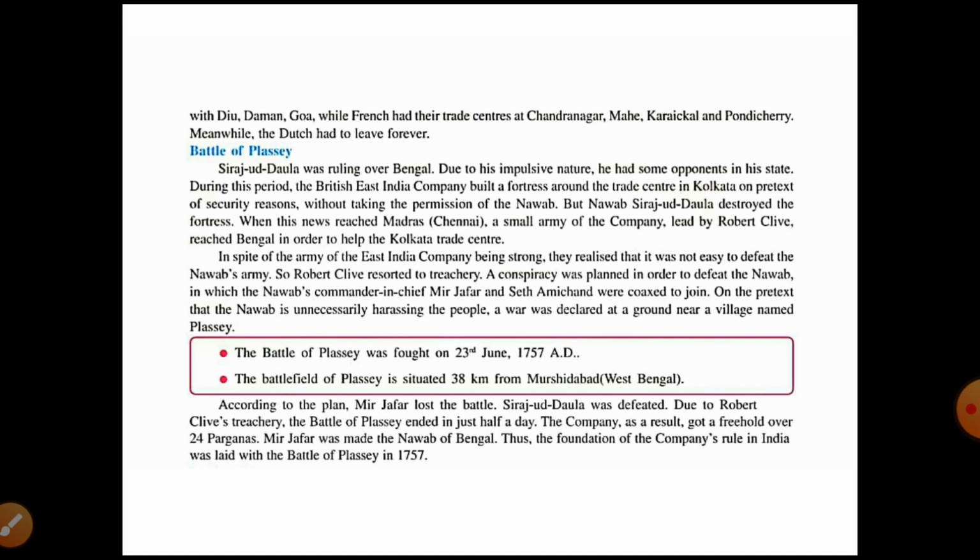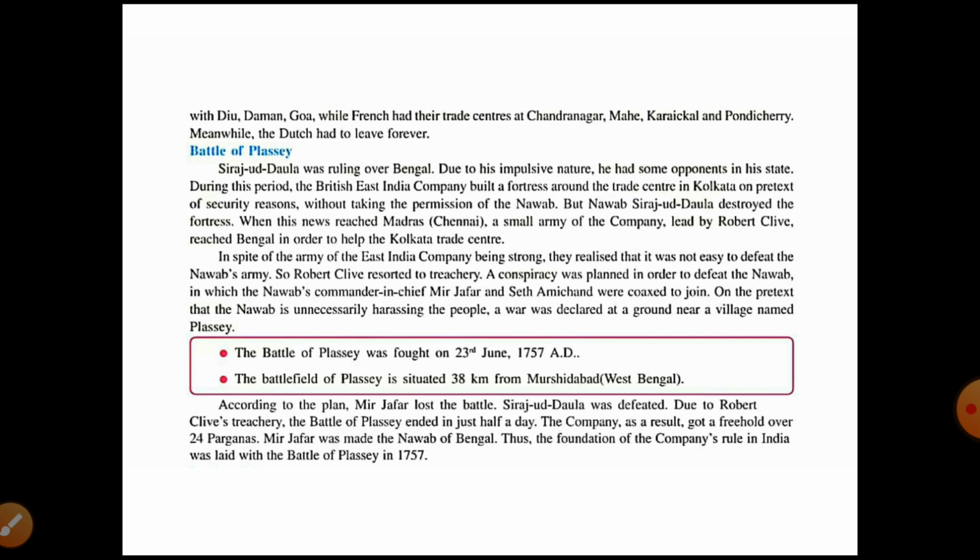Because of that, this battle was waged against Siraj-ud-Dowlah by the British army at the ground near the village of Palsi. After the name of Palsi, the battle is called the Battle of Palsi.